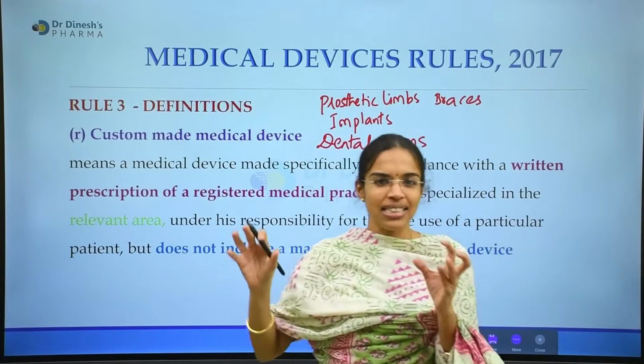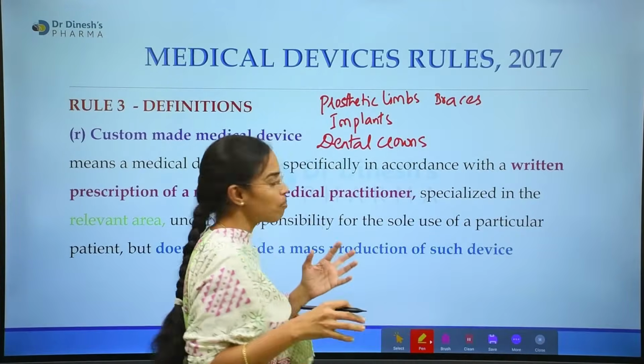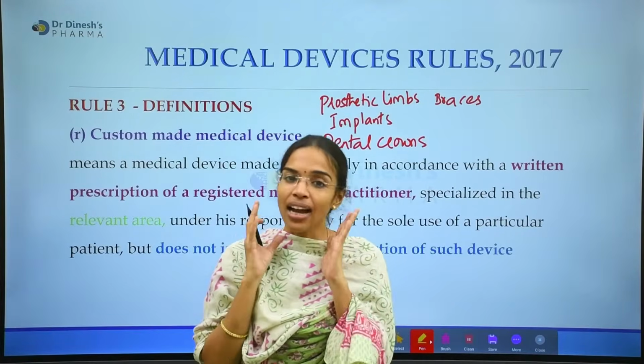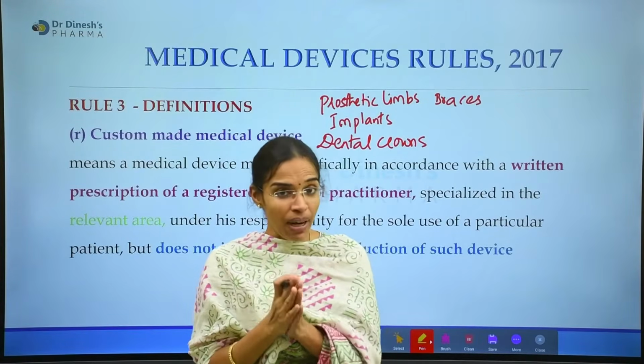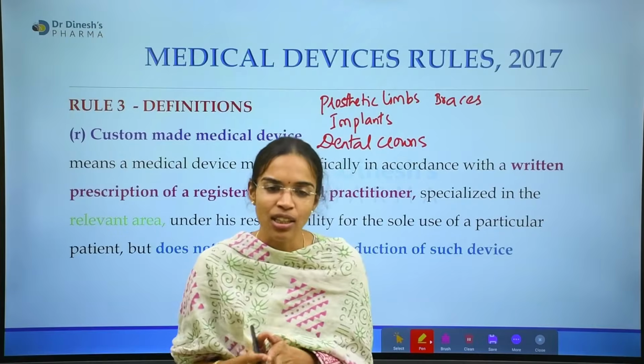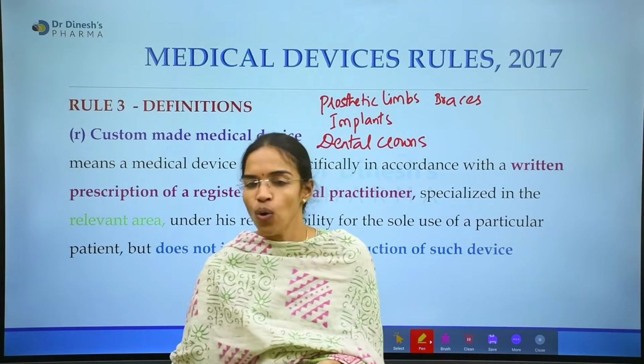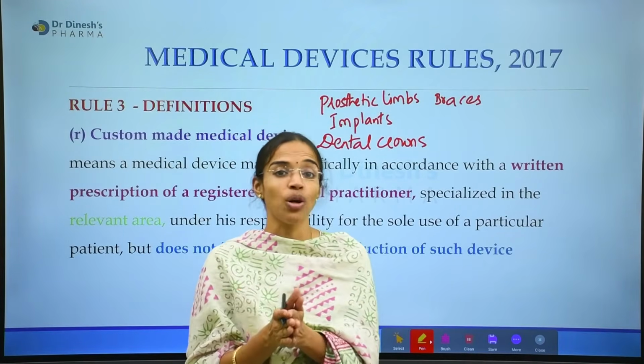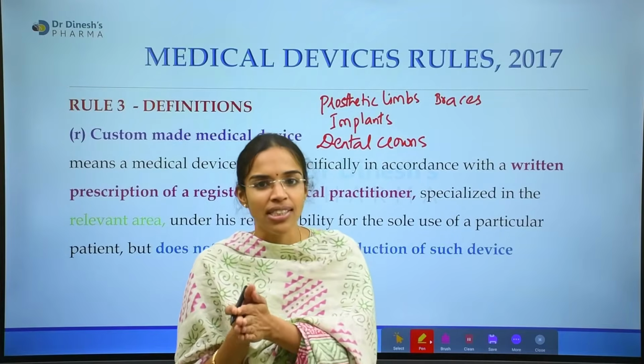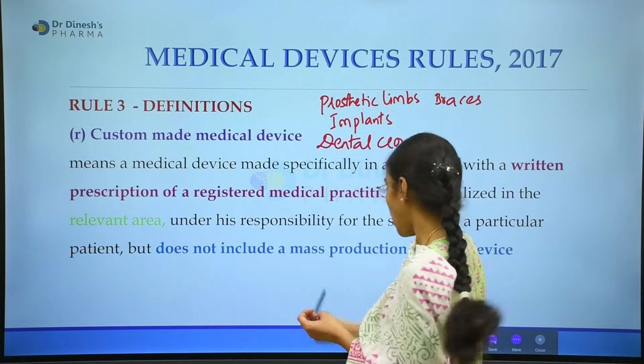All these things, braces, prosthetic limbs, implants, dental crowns, are covered under medical devices, but they belong to a special category of custom made medical devices. They cannot be generalized and they should not be produced or manufactured in bulk. There is no mass production.